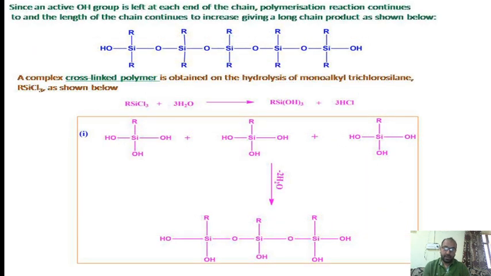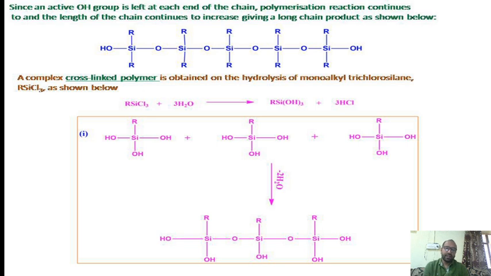Since at both ends there is an active OH group left at each end of the chain, this polymerization reaction continues to any length of the chain and gives a long chain product as shown below. Here we are discussing chain silicones.